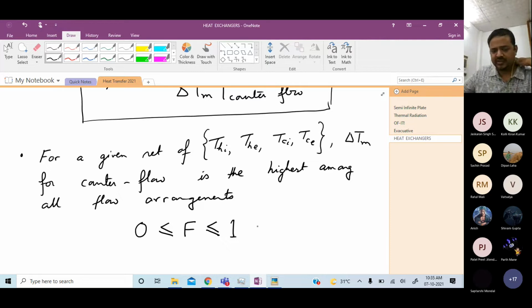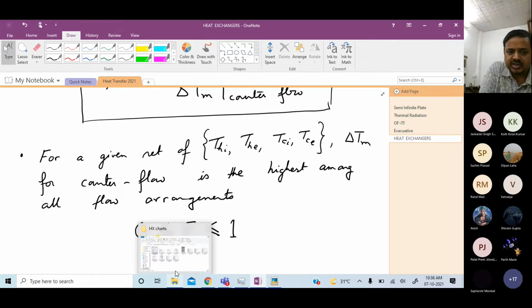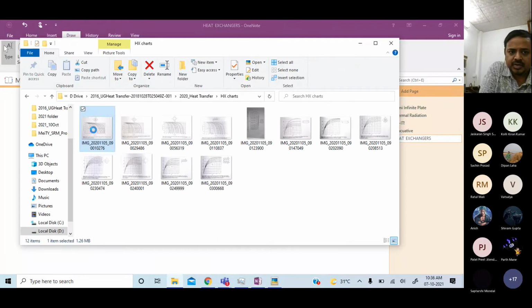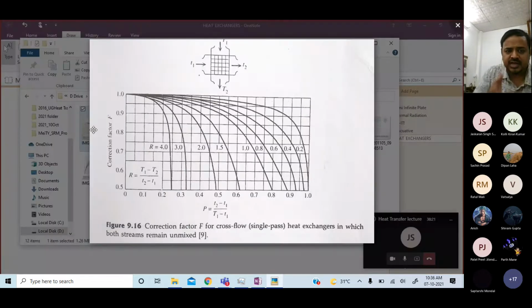Okay. So now I will show you these charts that people have solved for us. Please take a look, friends. The correction factor F is the y-axis, and it lies between 0 and 1. This configuration is where both the hot and cold fluids are unmixed.